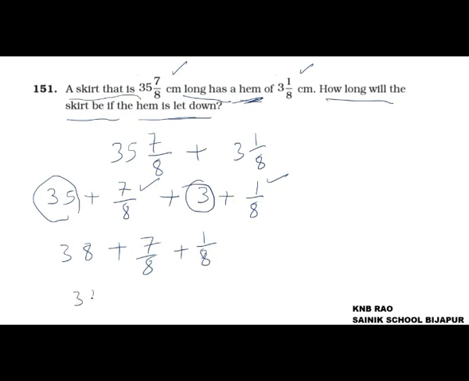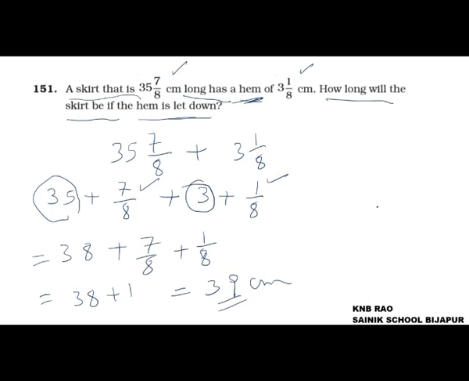So 38 plus 1 gives very easily the answer 39 centimeter. So it is common sense which we can use here. So the length of the skirt after letting down the hem will be 39 centimeter.